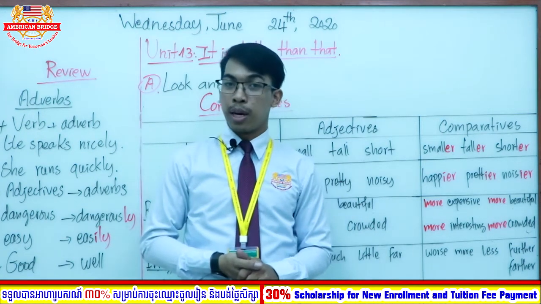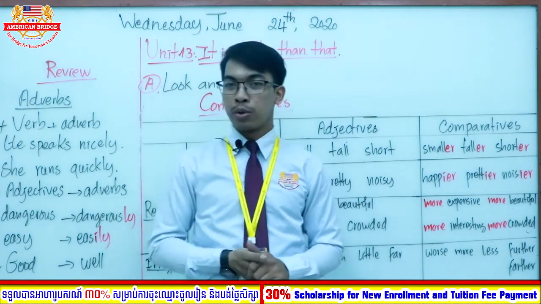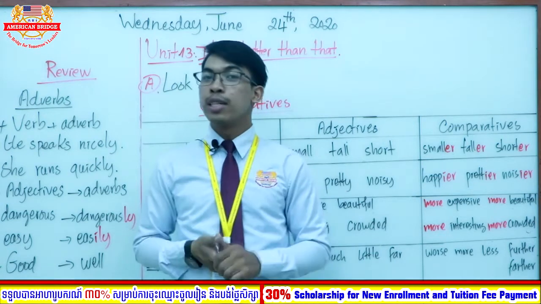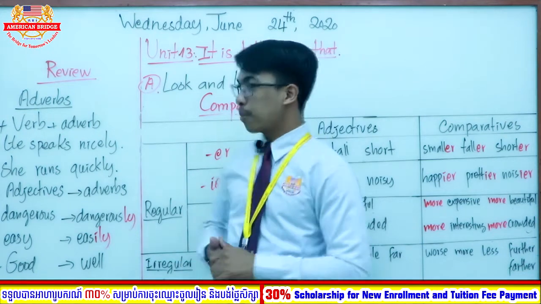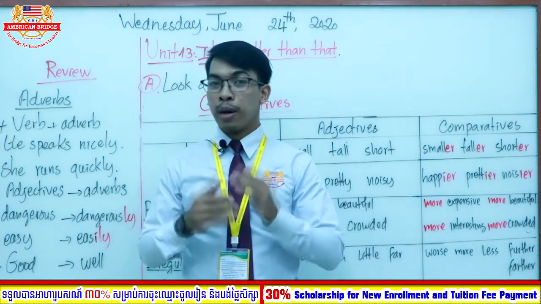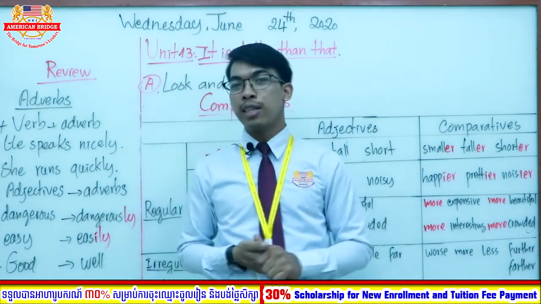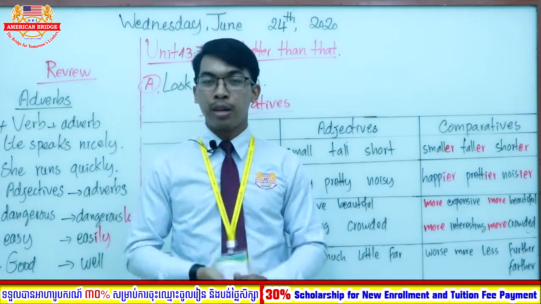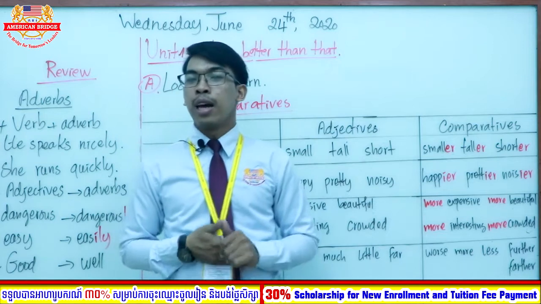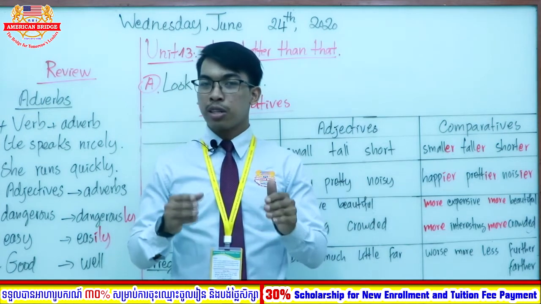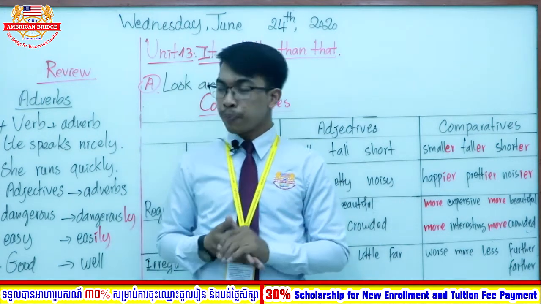Let's look at my right hand side, which is the review of the previous unit. The previous unit is Unit 12, which is about adverbs, right? Very good, students. Teacher believes that you still remember the meaning and also the definition of adverbs, and you know exactly about the functions of adverbs as well, right?